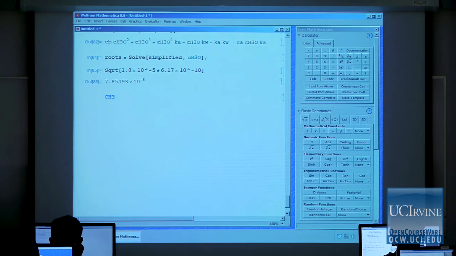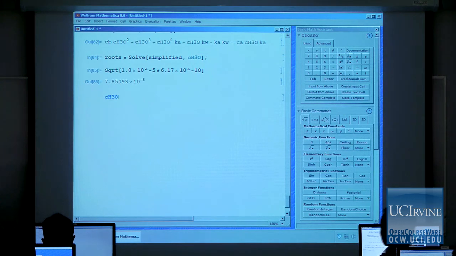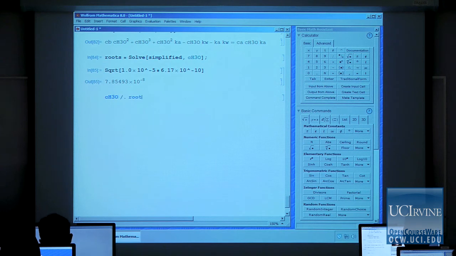This is a little confusing. All right, so we have CH3O, and then slash dot roots, and now we're going to use replacement rules to put in the known numbers. So slash dot list.